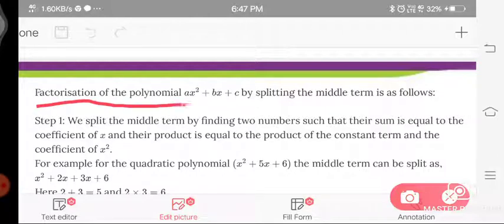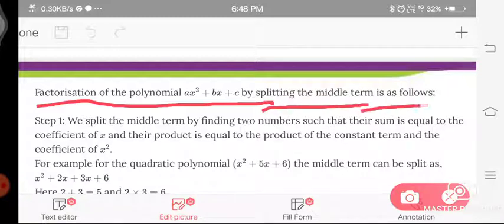Factorization of a polynomial ax square plus bx plus c by splitting the middle term is as follows. Step 1. We can split the middle term by finding two numbers such that their sum is equal to the coefficient of x and their product is equal to the product of the constant term and the coefficient of x square.